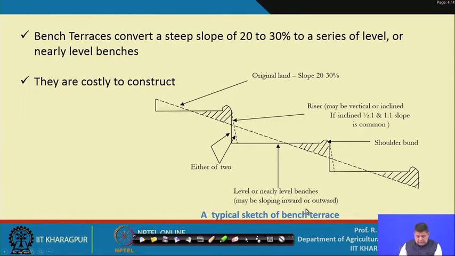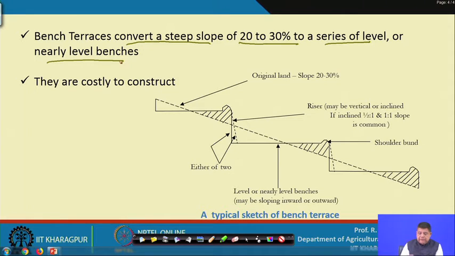They are typically adopted in an area where the land slope is 20 to 30%. That means, they convert a steep slope of 20 to 30% to a series of level or nearly level benches.